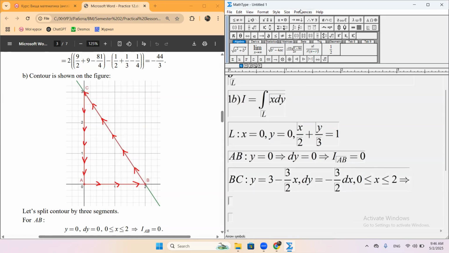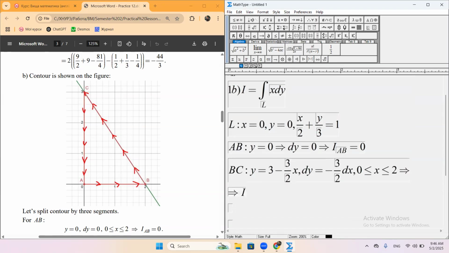So what does it mean here? If we go in direction BC, the integral I_BC will be the following. We integrate from 2 to 0, and x multiplied by minus 3 over 2 dx. Okay, let me put it into brackets.